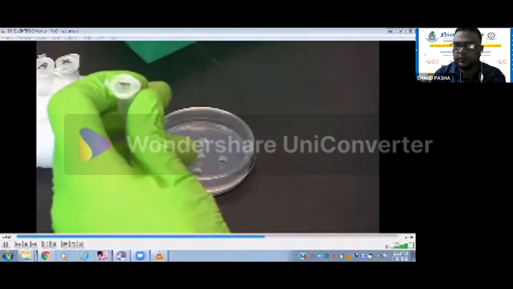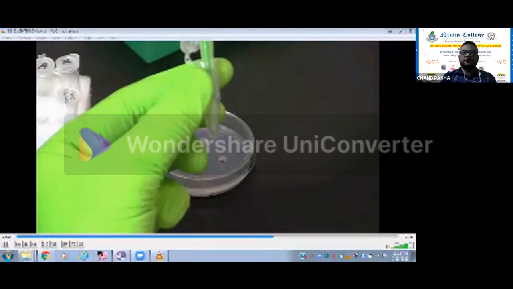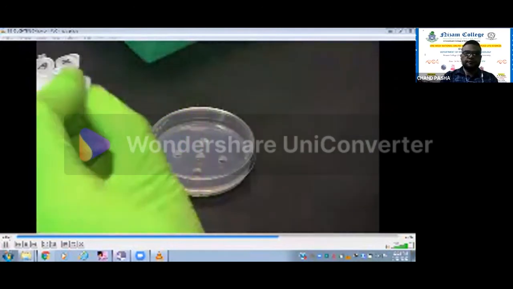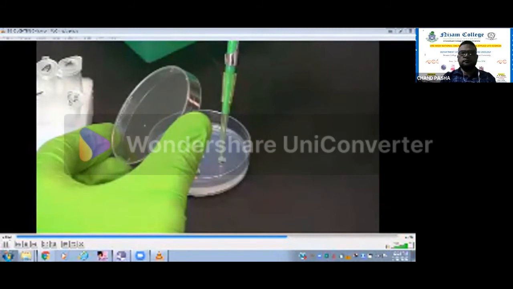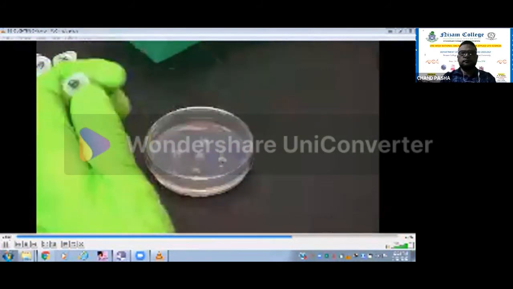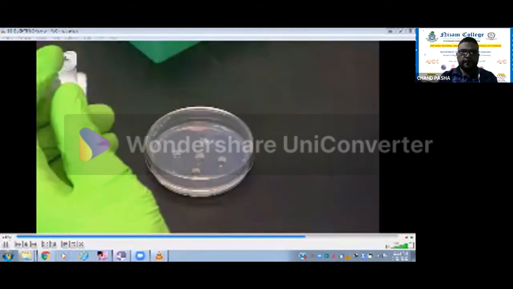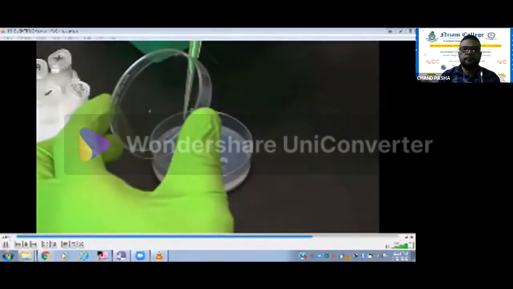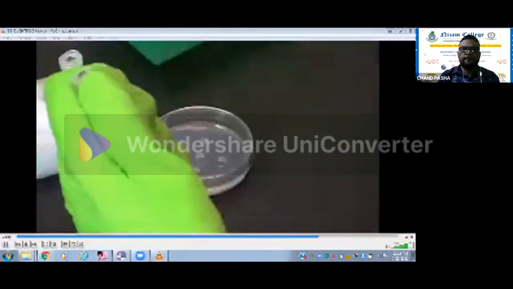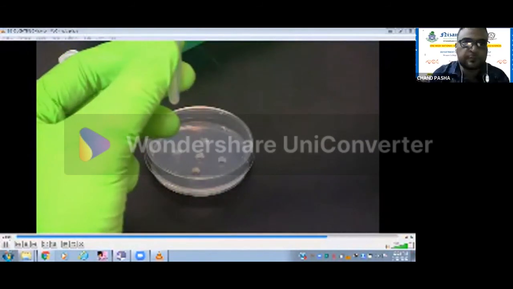Negative control is normal saline or phosphate buffer saline or water, but sterile. And these are sample A and sample B. This is B, sorry, A, earlier one was B.